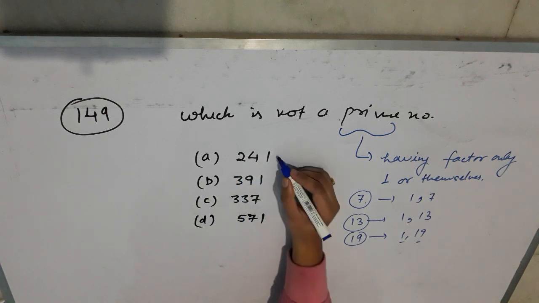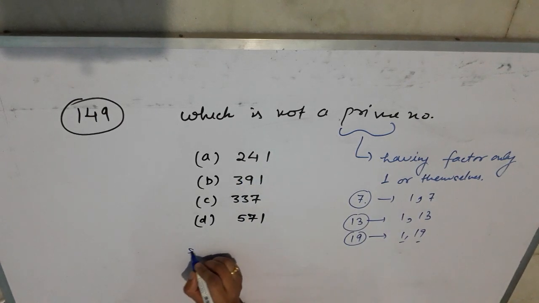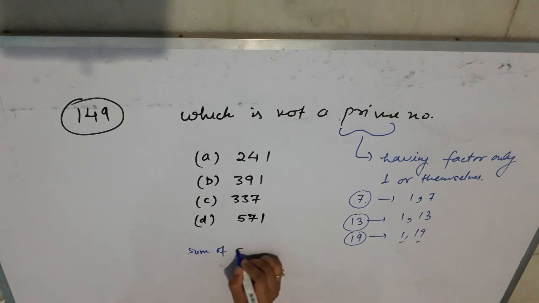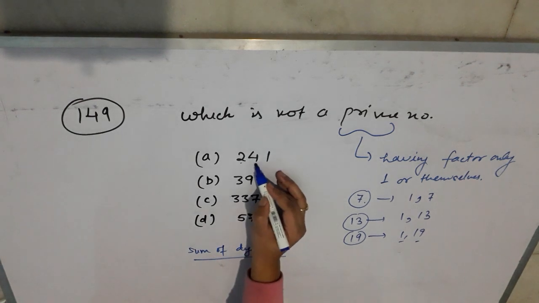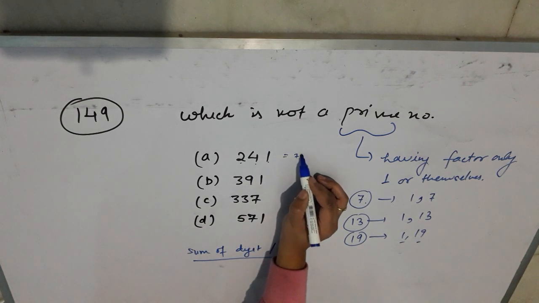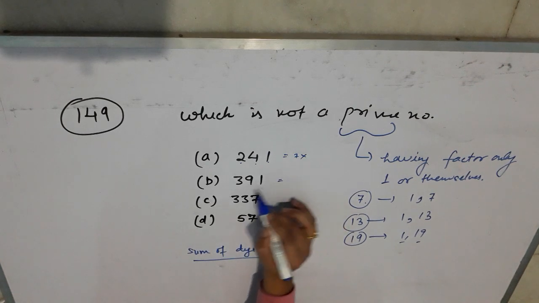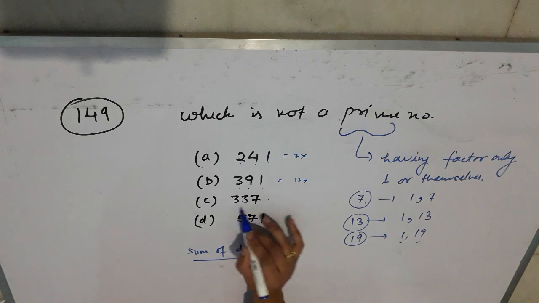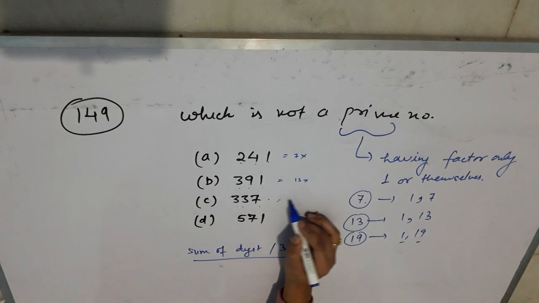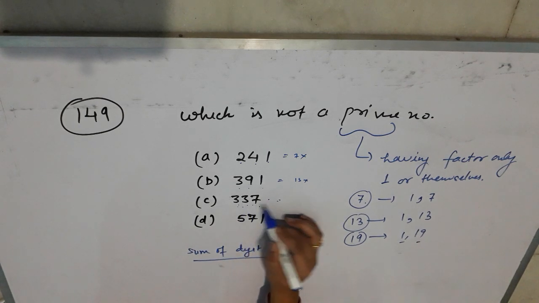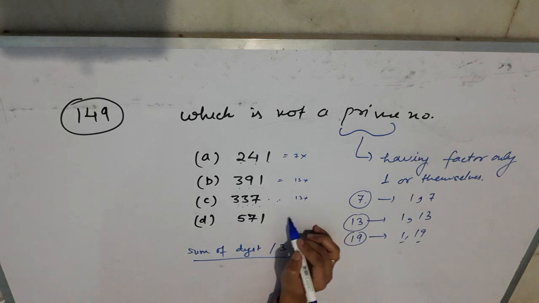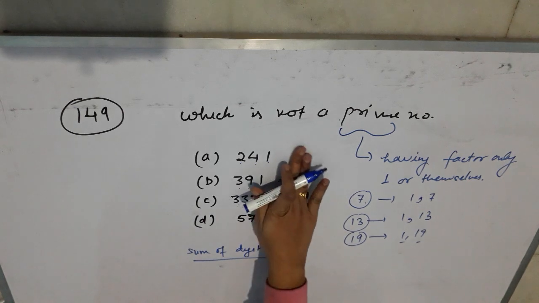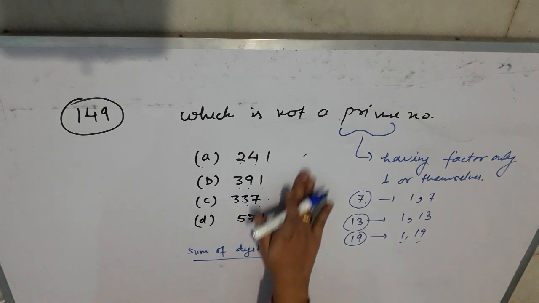For divisibility by 3, you have to check whether the sum of the digits is divisible by 3. So 2 plus 4 plus 1 is 7, and 7 is not divisible by 3. Similarly 3 plus 9 is 12, plus 1, 13, also not divisible by 3. 3, 3, 7: 3 plus 3 plus 7 is 13. 5 plus 7 is 12, plus 1, 13. So all the numbers are not divisible by 3.